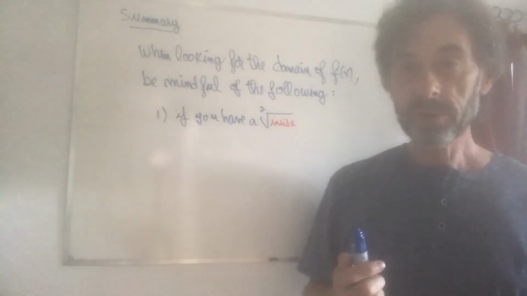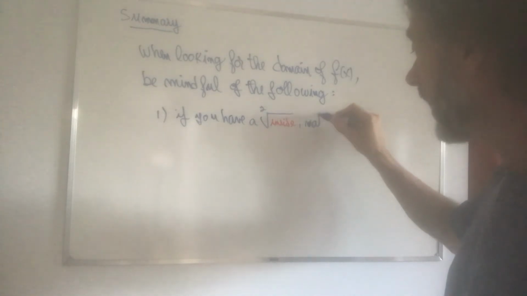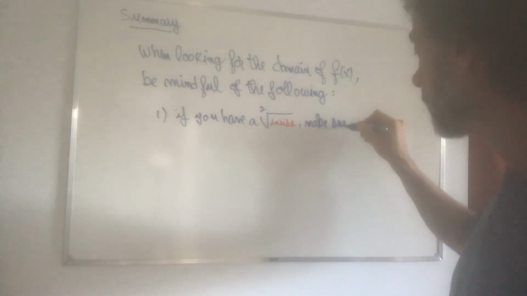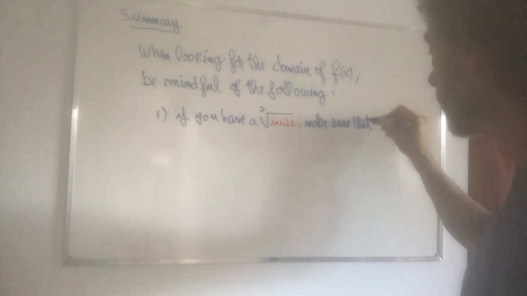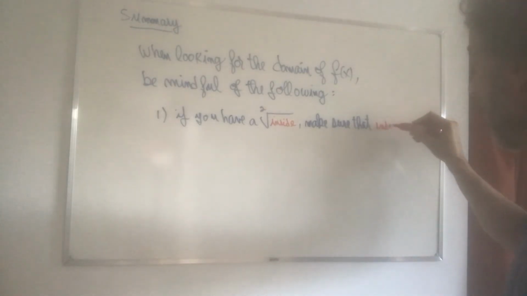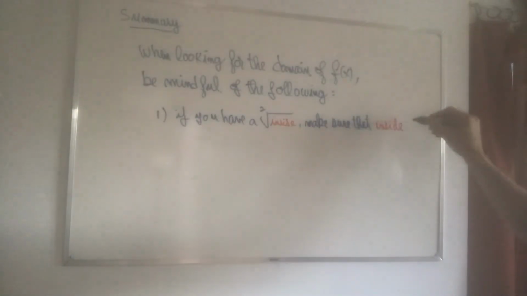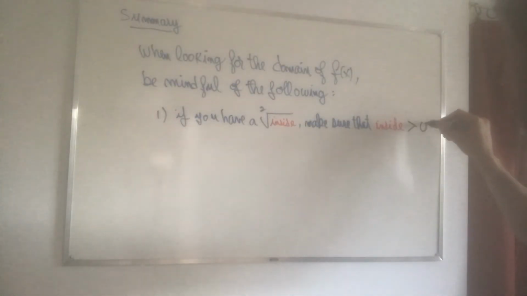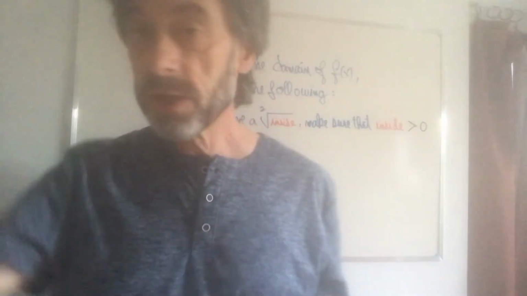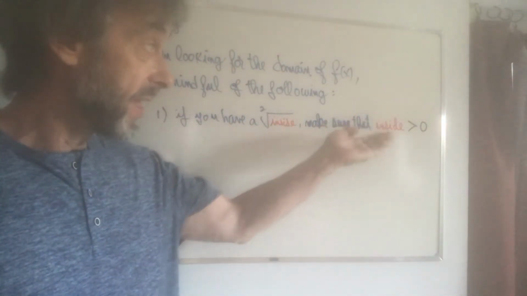Now, if you have a square root and you have an inside, make sure that the inside is positive, which means greater than 0. This will give you an inequality that should not be very difficult to solve. And that's going to give you your domain.